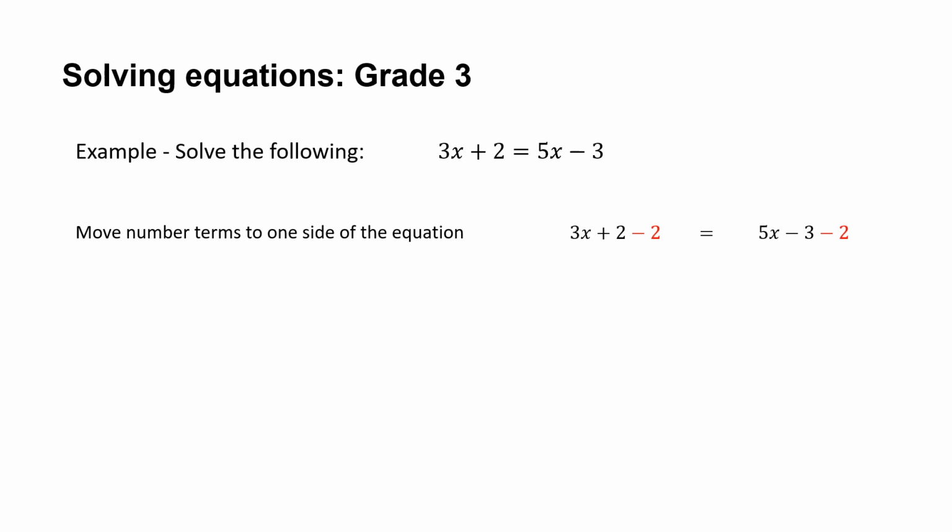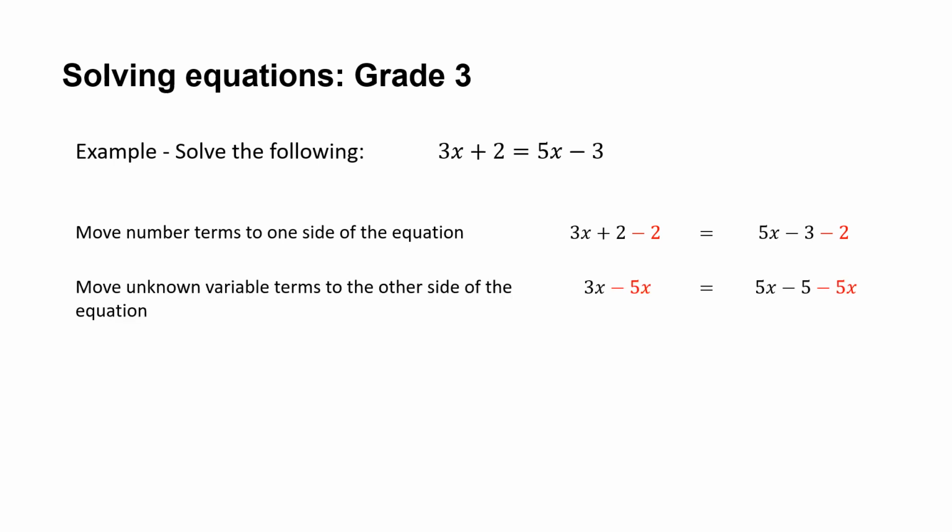So the next step after we've done this is that we need to move the x terms to the other side of the equation. So to do this, what we're going to do is subtract 5x from each side. So on the left-hand side, we now have 3x minus 5x. Remember, we got rid of this plus 2 in the previous step.